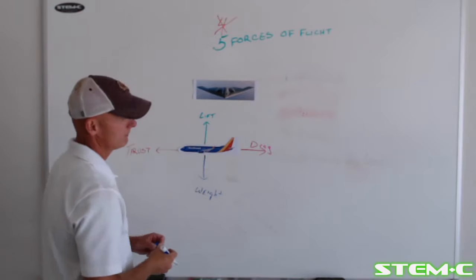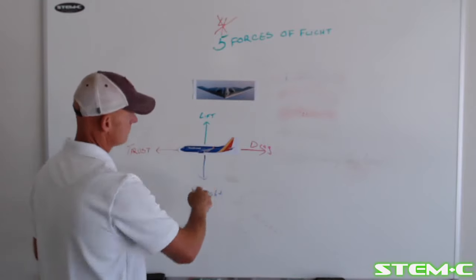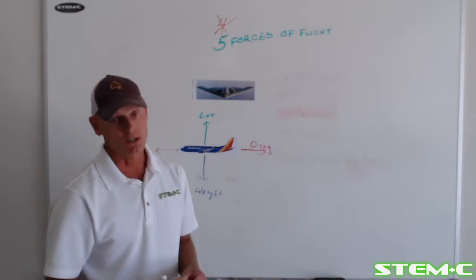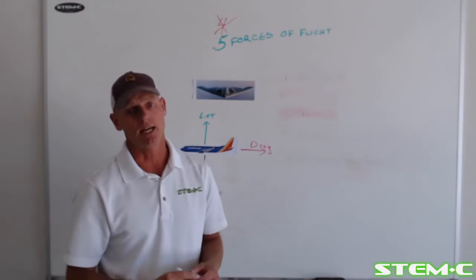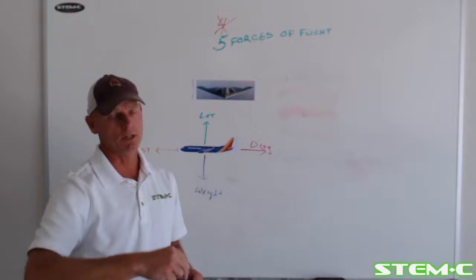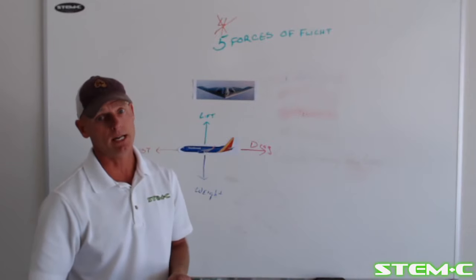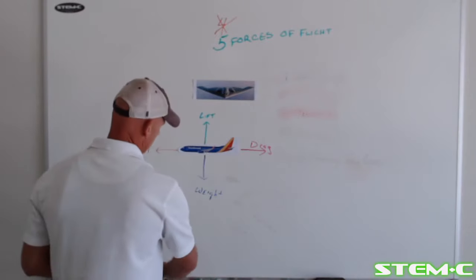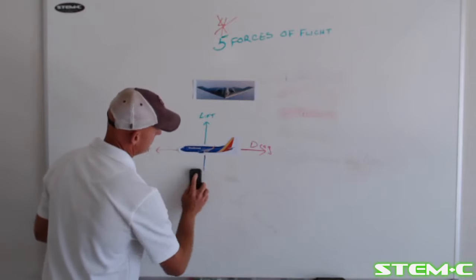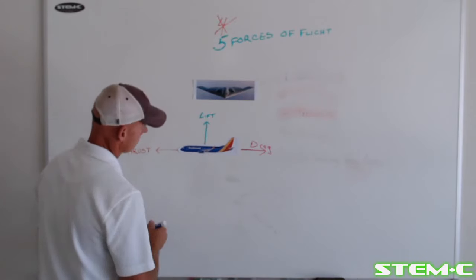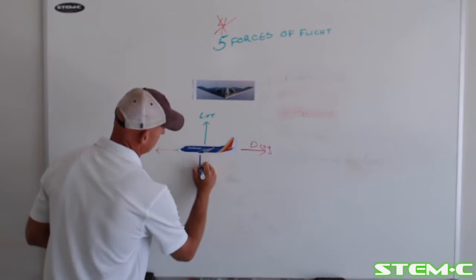In fact, if weight is directly under lift, this airplane's not going to be stable. In fact, it's going to be very twitchy, very pitchy, and you may not even be able to fly this airplane. So the correct position to draw our weight vector is out here.